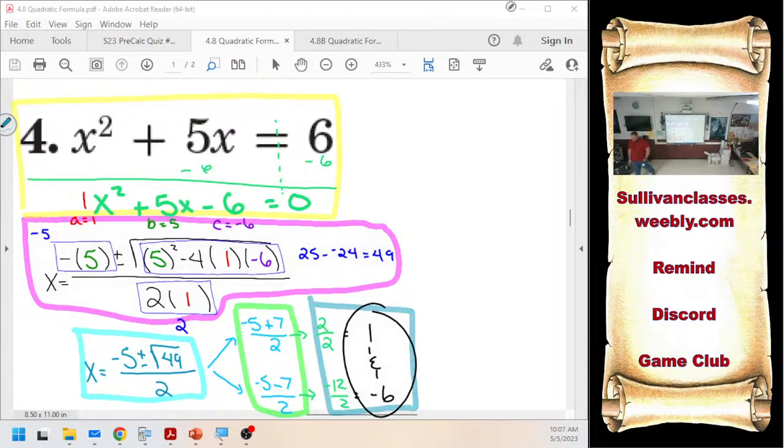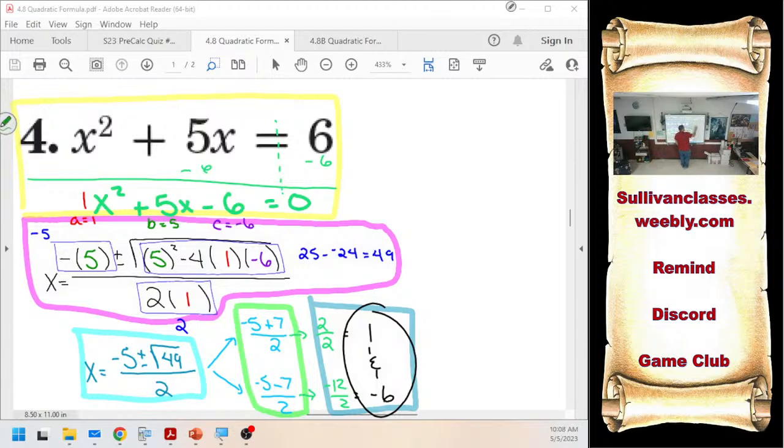Okay? Because that's the formula. The formula has a plus or minus in between there. So that tells me after I clean everything up, I have to add this number and I have to subtract this number. It's a cheater way of writing both.